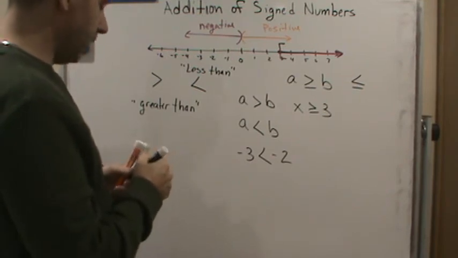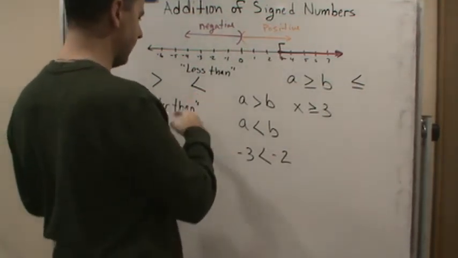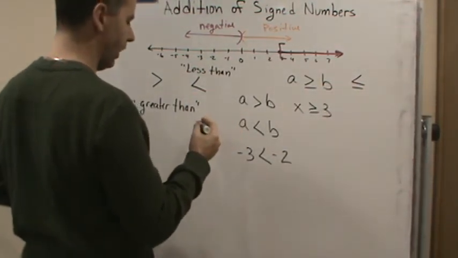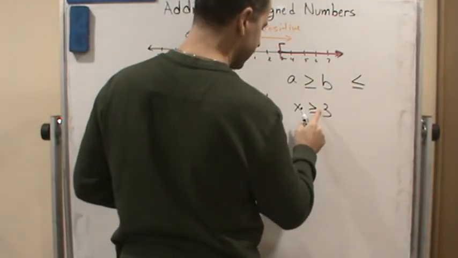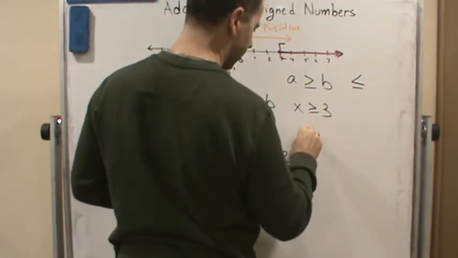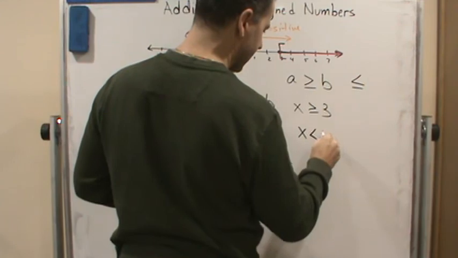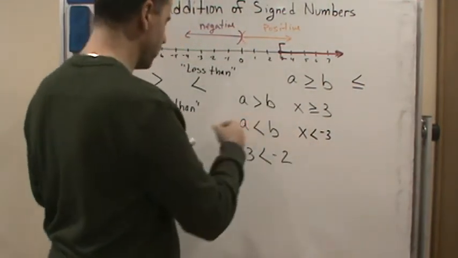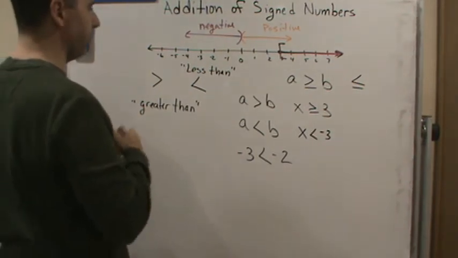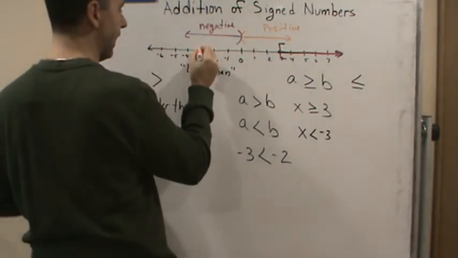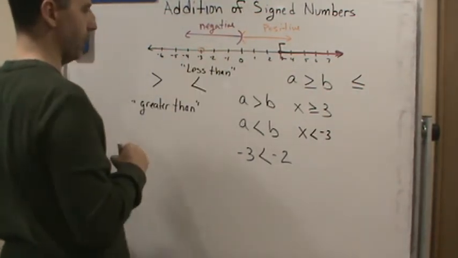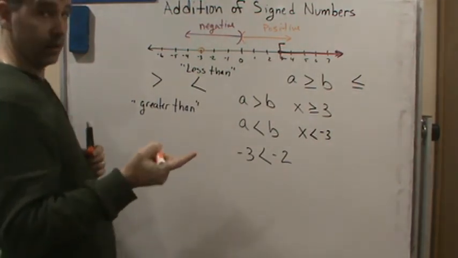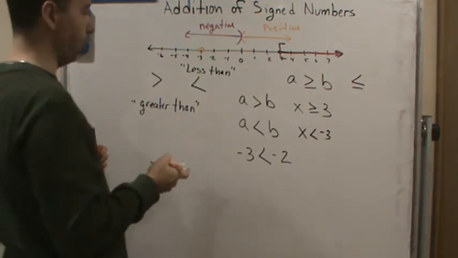Now, if it's a less than, let's say I want everything x less than -3. Since it's less than, I do not want to include -3. So I would represent that as an open circle. It's not closed, it's not filled in, it's open.